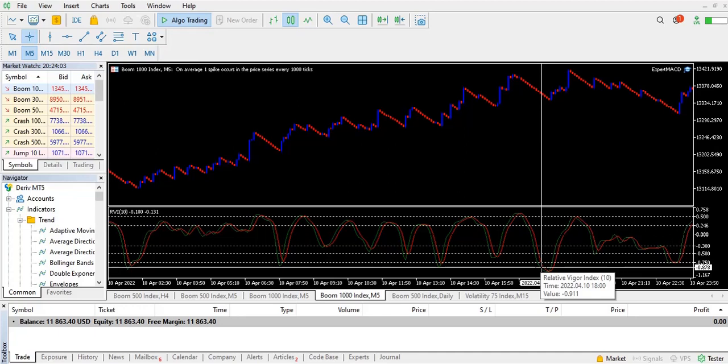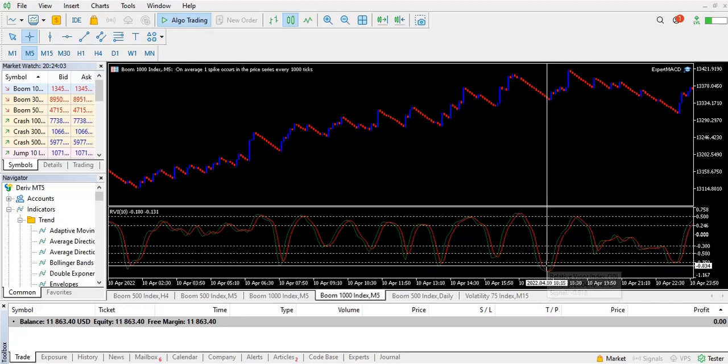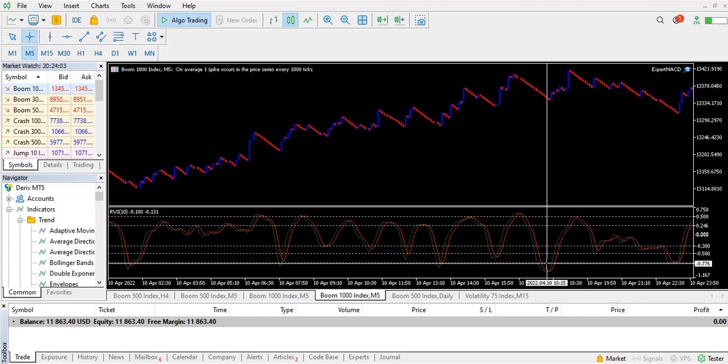That's the second confirmation for you to enter. The first confirmation is that the green must touch this 0.750, and ensure that the red indicator also touches 0.750 before you enter. Once it touches and goes down a little, just buy your boom.